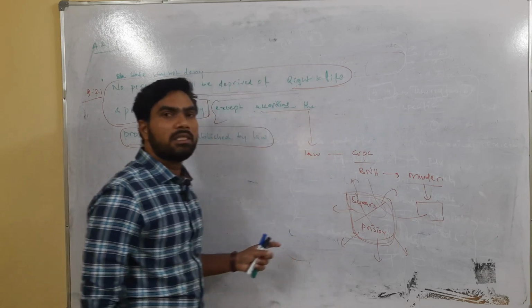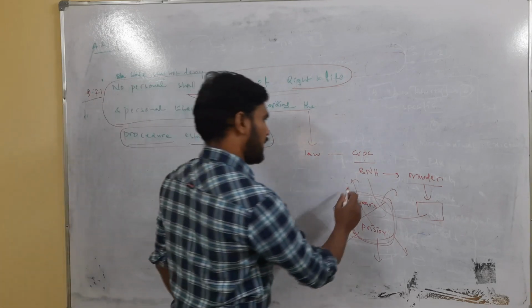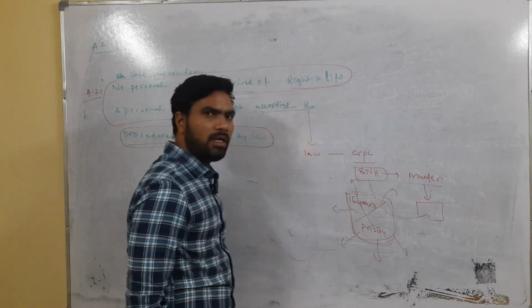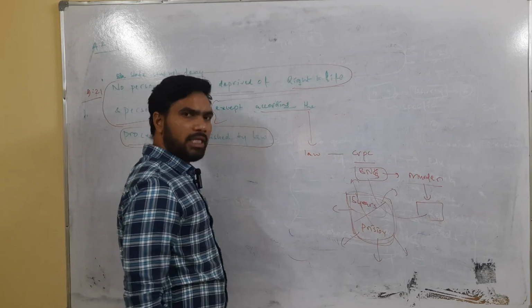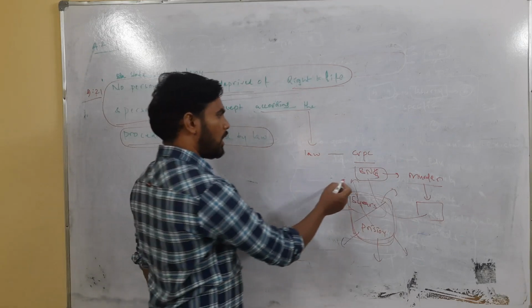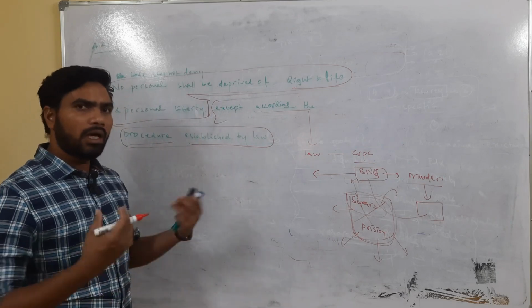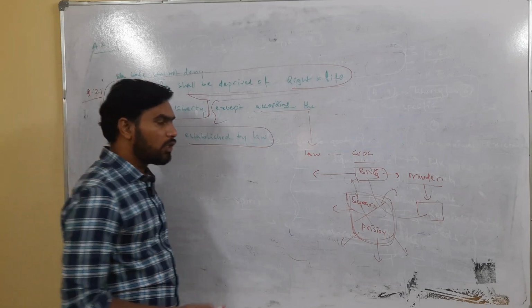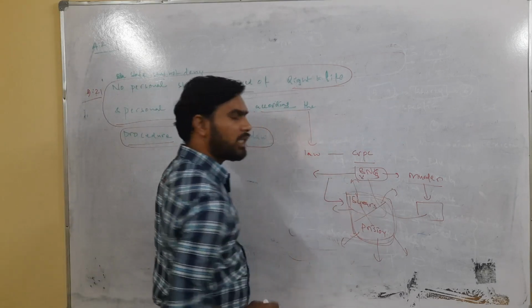Okay, this is the meaning of procedure established by law. BNS, Bharatiya Nyaya Samhita, is a law. This law has established a procedure for a certain act, a crime, and according to that procedure prescribed by this law, my liberty has been taken away.